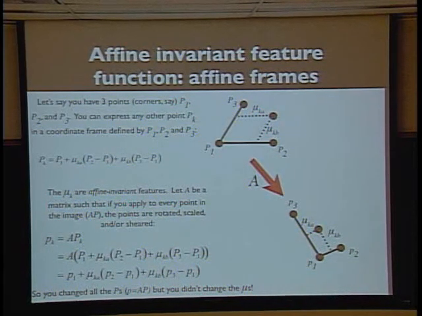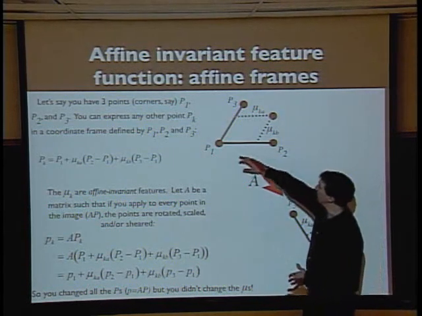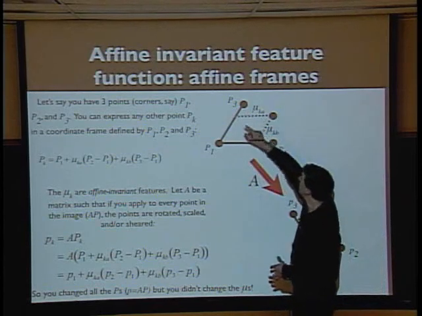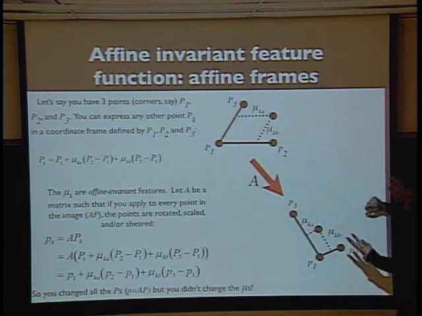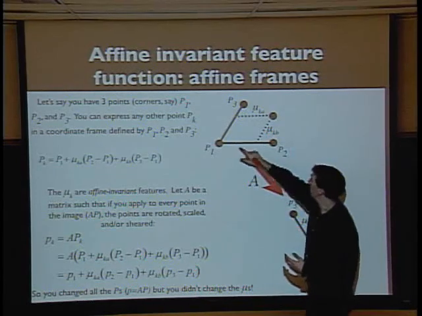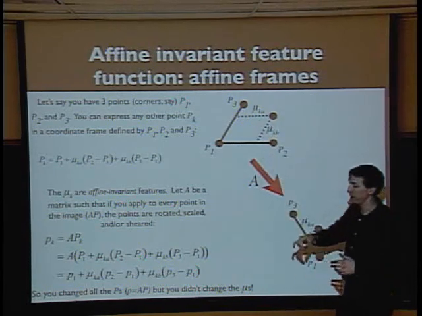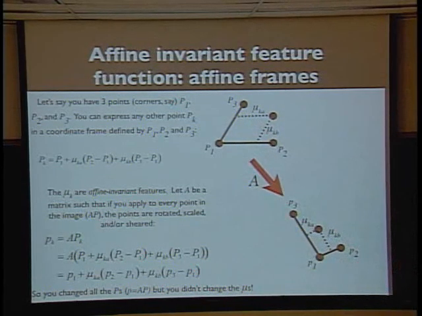And let's say, furthermore, that we are able to consistently and robustly identify a set of 4 points, P1, P2, P3, and this guy, in all images of our object. So let's say that for the cornflake box, there are 4 particular locations on the cornflake box that are distinctive and that are easy to detect over and over and over again.